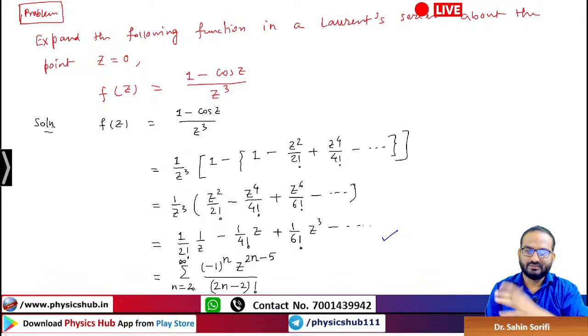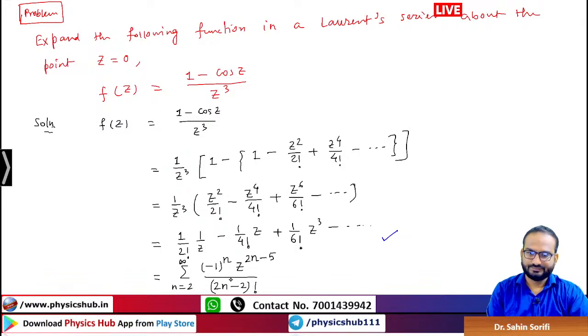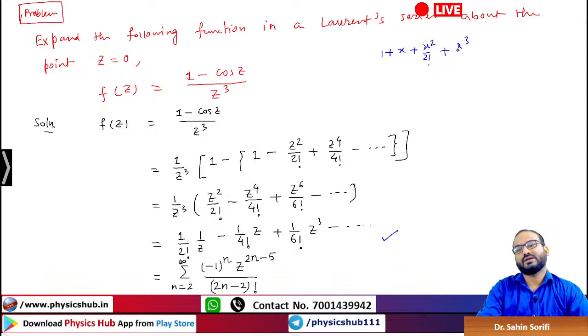Or if it appears difficult, you can ignore this. The way we write 1 plus x square by 2 factorial plus x cube by 3 factorial and so on, we write it in the form of a summation for compact form, x to the power n by n factorial, n equals 0 to infinity. Similar kind of summation we have tried to formulate here.